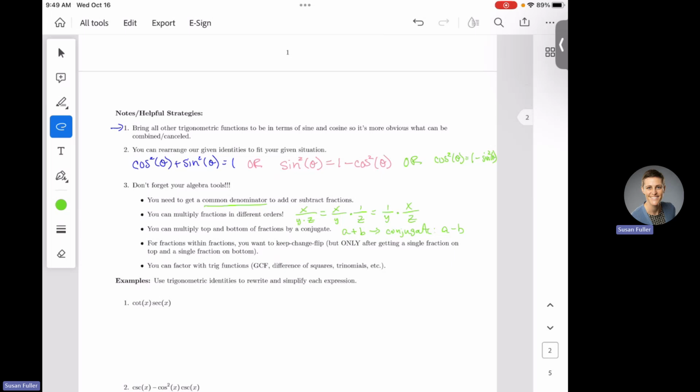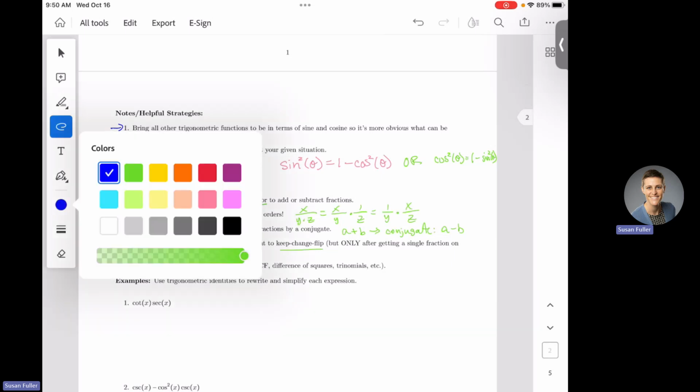We're mainly going to use that to get into the Pythagorean identities, and that'll make sense later. If you have fractions within fractions, you want to keep change flip to simplify that. But before you do that, you have to get a single fraction on top and a single fraction on the bottom. And factoring. We are also going to use factoring to help us out.